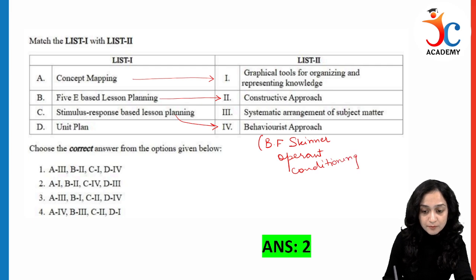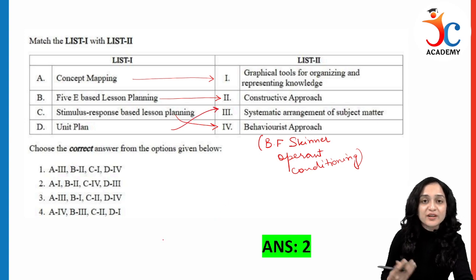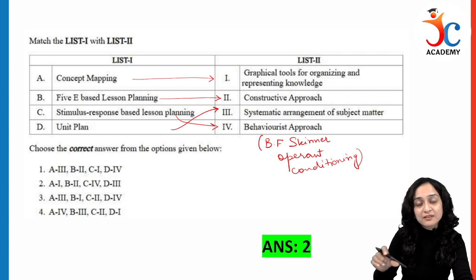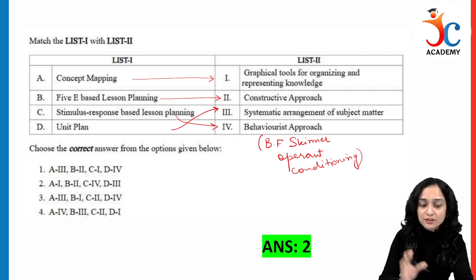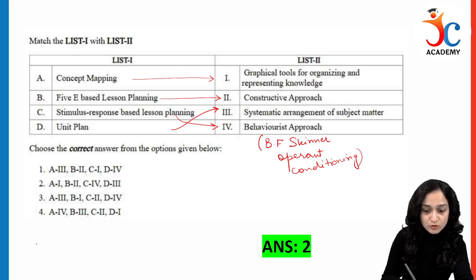And unit plan is a systematic arrangement of subject matter. How we are going to teach the students, what will be the objective of our class, how we are going to plan the syllabus and everything, it comes under unit plan. So on the basis of this, option number 2 will be the correct answer.